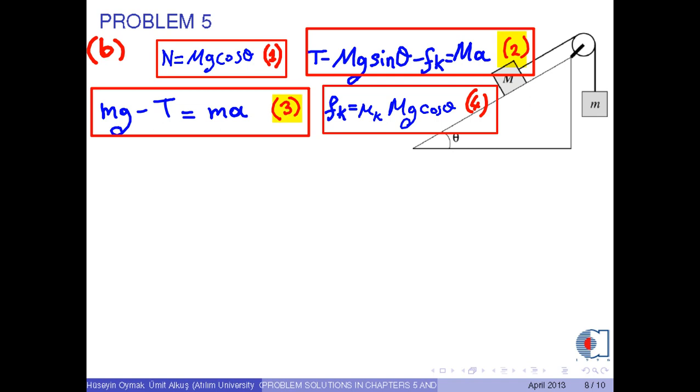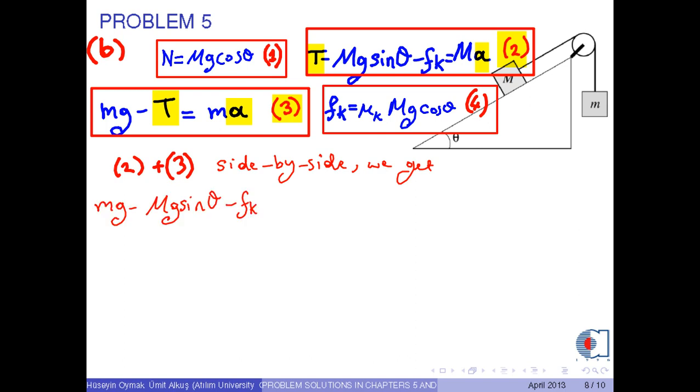Here we have two equations of motion and two unknowns, which are tension T and acceleration a. To find an expression for a, we eliminate T by adding equations 2 and 3 side by side. As a result, we get small m times g minus capital M times g times sine theta minus Fk, which is equal to capital M plus small m times a.